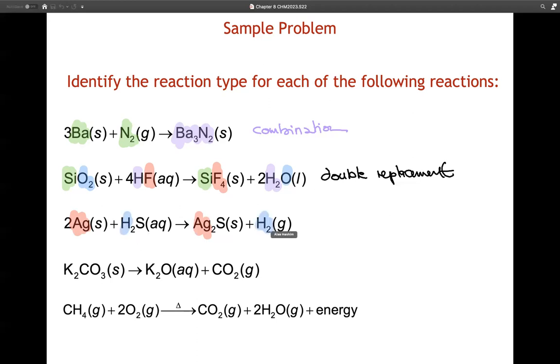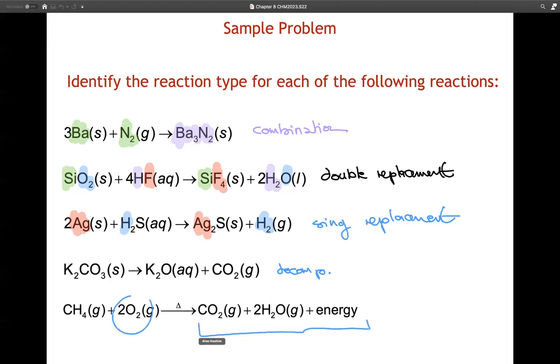So that would be an example of single replacement. Right? And the example of potassium carbonate, that would be an example of decomposition. And finally, we have methane reacting with oxygen gas, forming carbon dioxide, water, and energy. That would be an example of combustion.